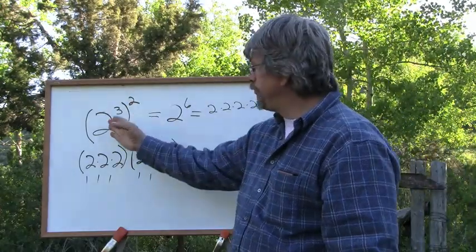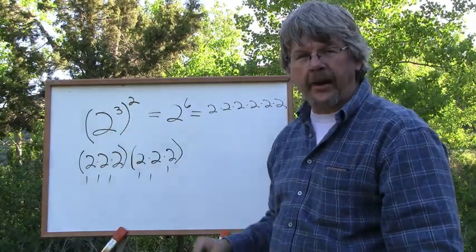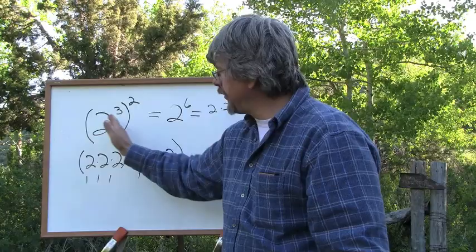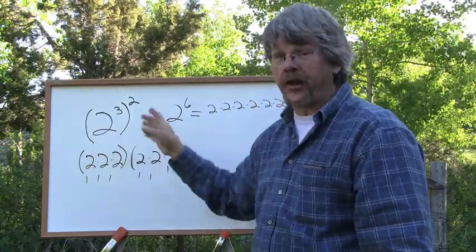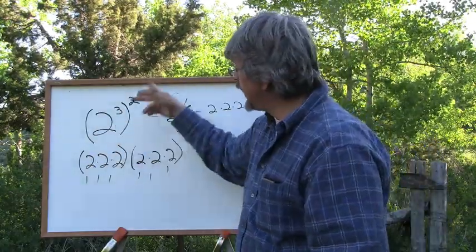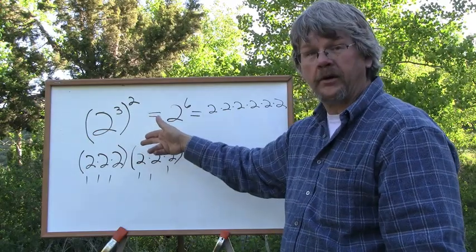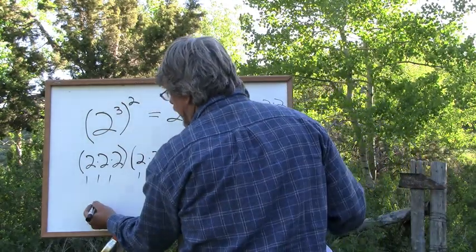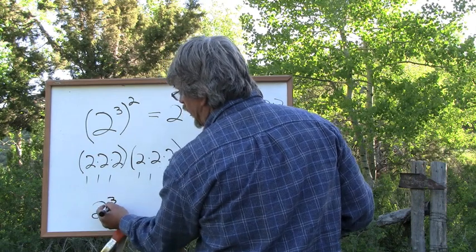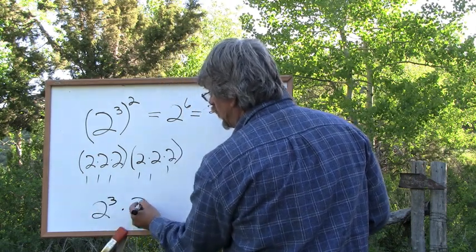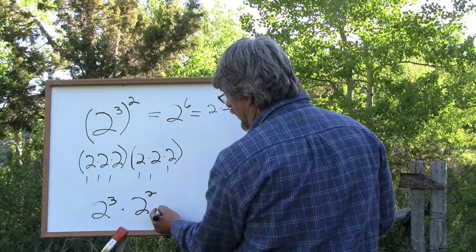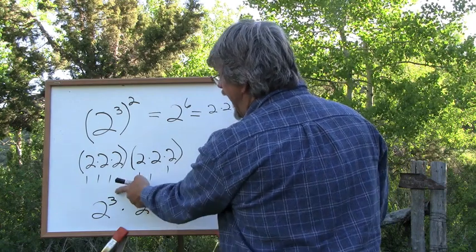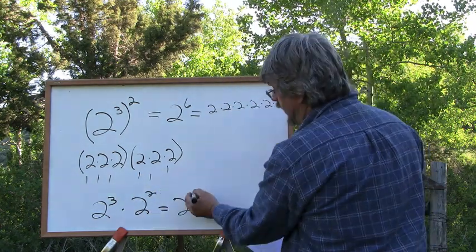So when you have a number raised to a power and then that entire expression in parenthesis is raised to a power, then you multiply the exponents. Before, if we had 2 to the 3rd times 2 squared, we add the exponents here.